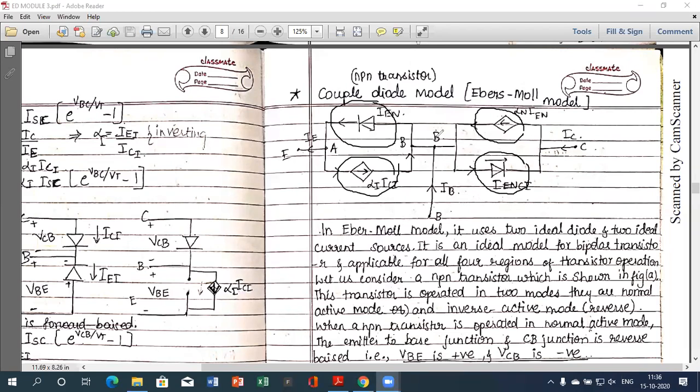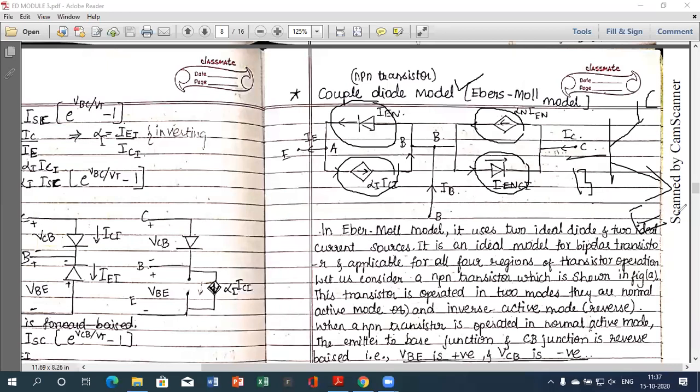Before starting with this Ebers-Moll model, that is the coupled diode model, we will first discuss how to draw this circuit. This is our simple transistor, which has three terminals: collector, base, and emitter.